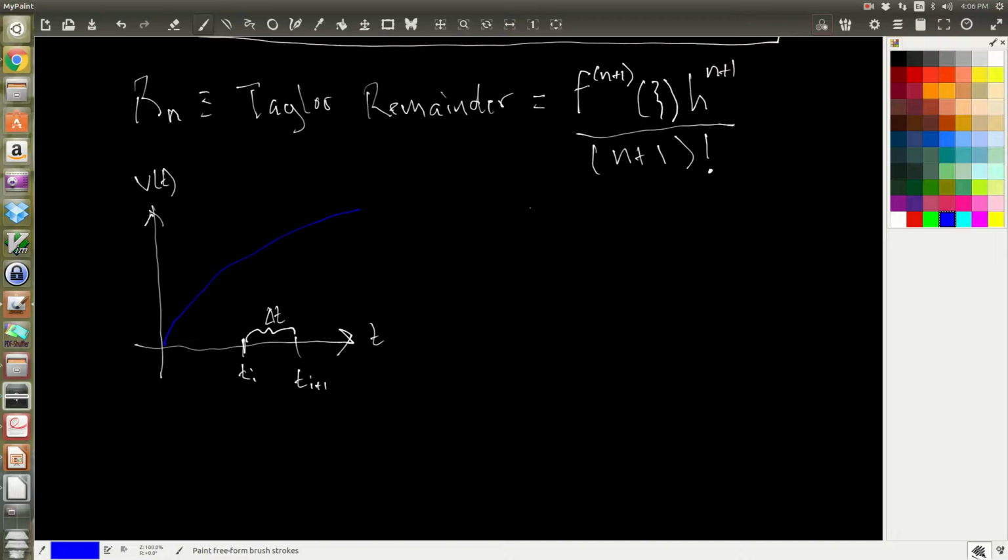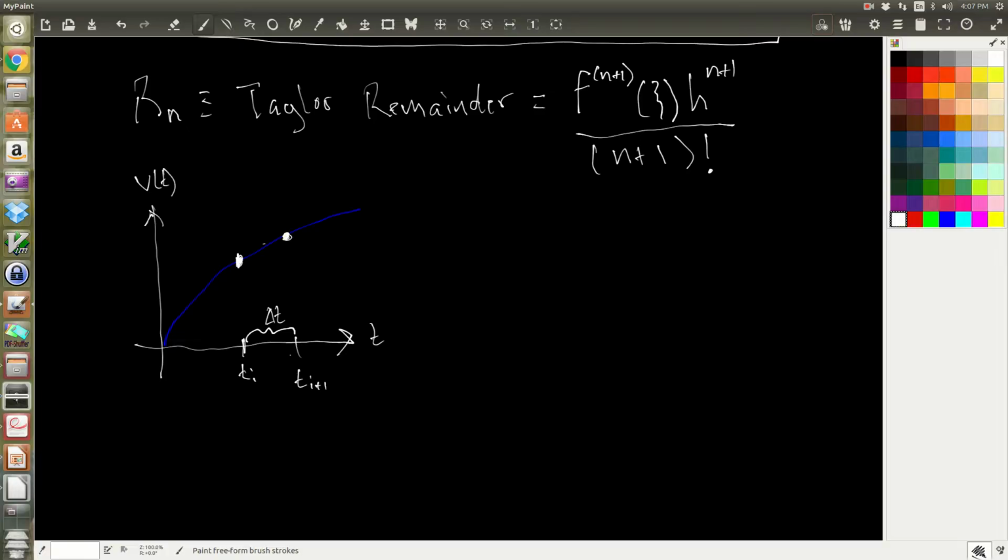Now, if we want to know the velocity's derivative at ti, let's say we know the velocity at this point and at this point. Now we want to come up with an approximation for the derivative here. Well, what we did before was just write down a finite divided difference, but I'm going to show you how you can actually derive that from the Taylor series.